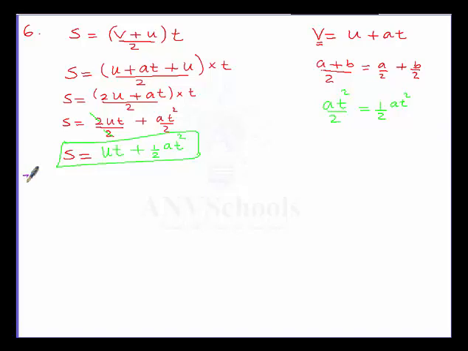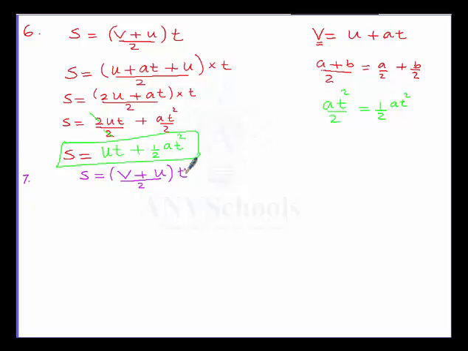I'm going to use this formula. Let's start with this: the total distance traveled is final velocity plus initial velocity divided by 2, multiplied by t.